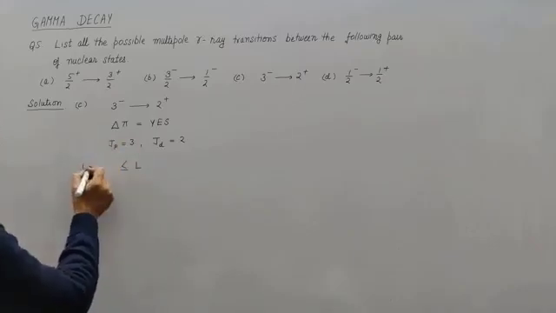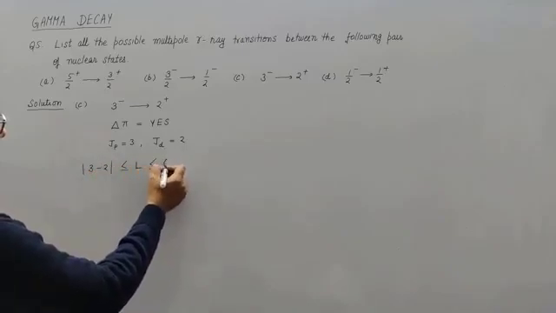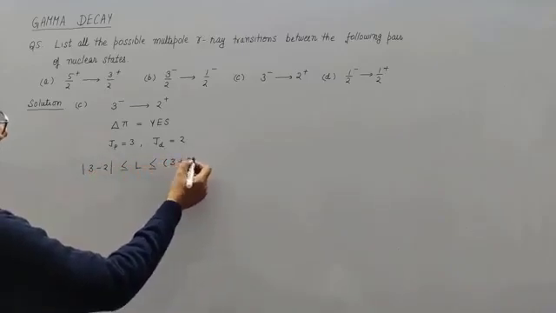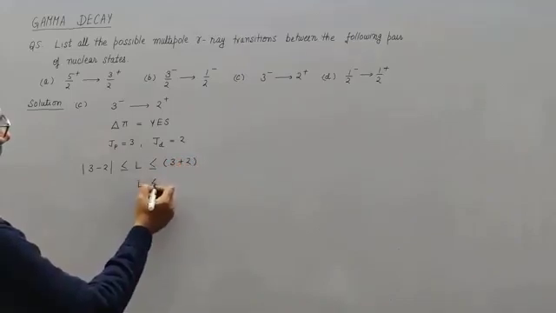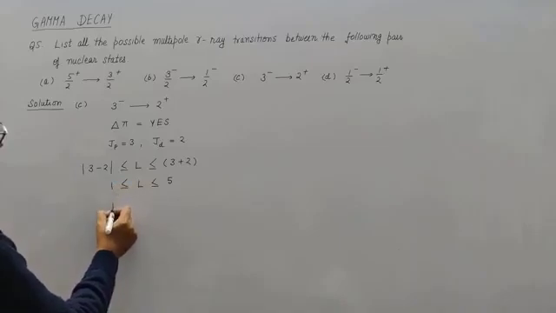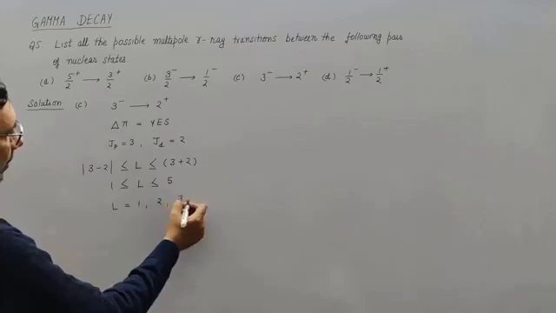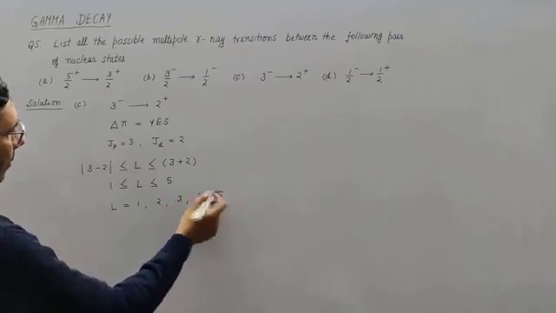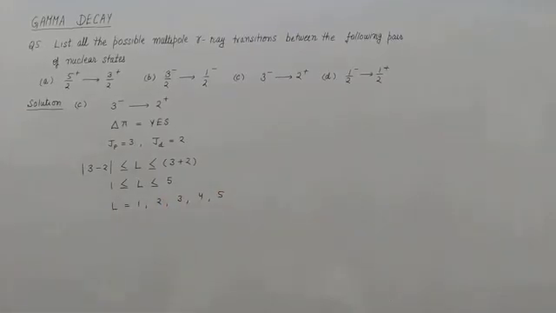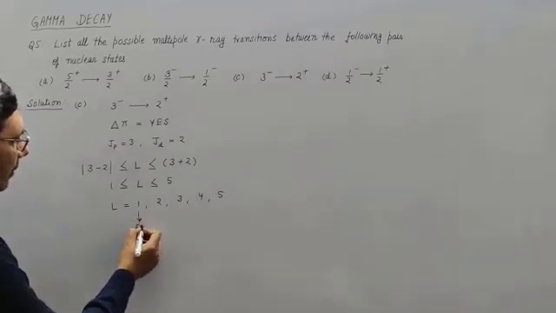It will lie in this limit. This is 3 minus 2, and this will be 3 plus 2. 3 plus 2 is 5, and 3 minus 2 is 1. So allowed values of L are 1, 2, 3, 4 and 5. Now take one by one. For L equal to 1 and parity is changing, this is E1 type of transition.